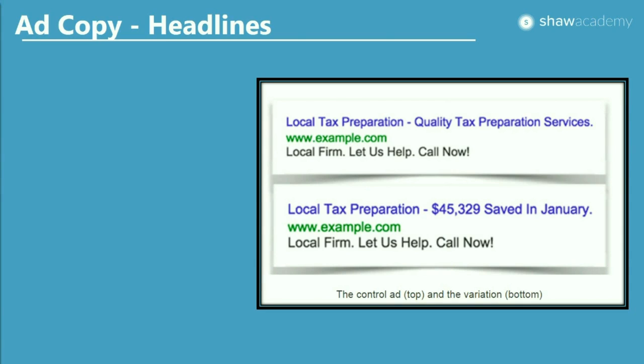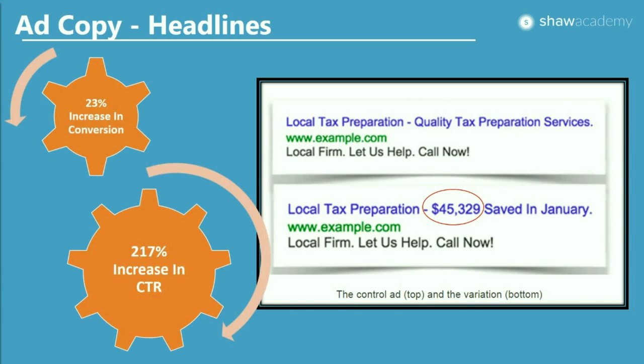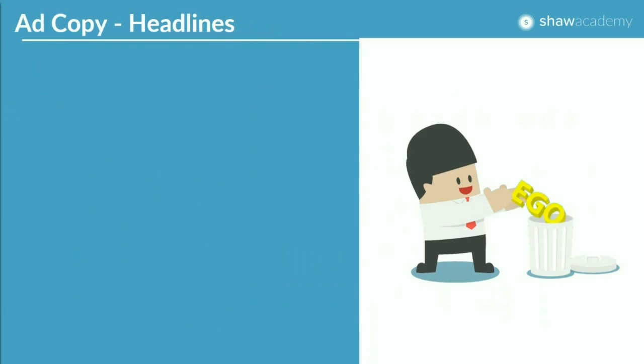And the result that they got was that the more timely, more current ad, the one at the bottom that told them the exact number, saw a 217% increase in click-through rates and a 23% improvement in their conversion rates. Purely because firstly they used a number, and they used an odd number as well. So the top one was the control ad. Right, so you guys have these in your slides, they're there. That's what they got from running these two.